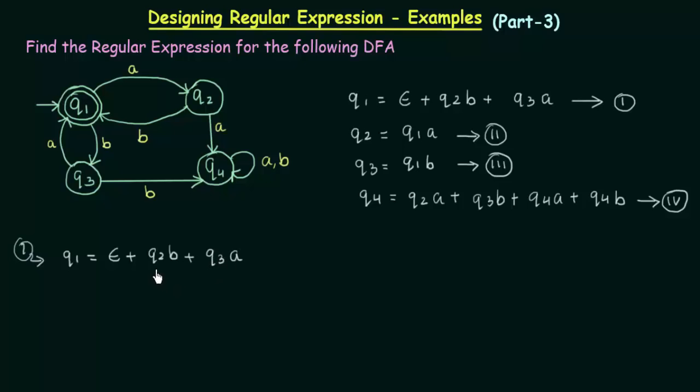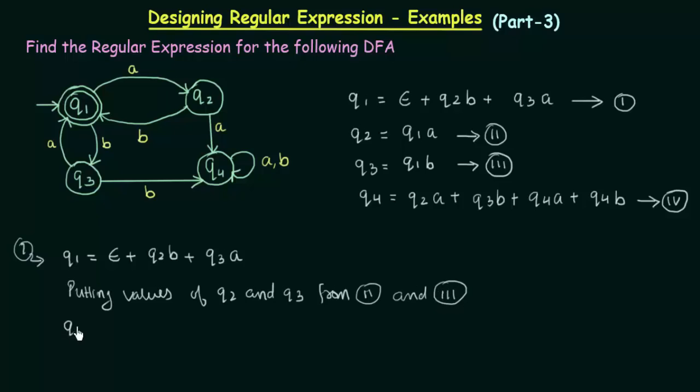Now we see that we have Q2 and Q3 here, and their values can be substituted from equations 2 and 3. So let me put the values of Q2 and Q3 from equations 2 and 3.